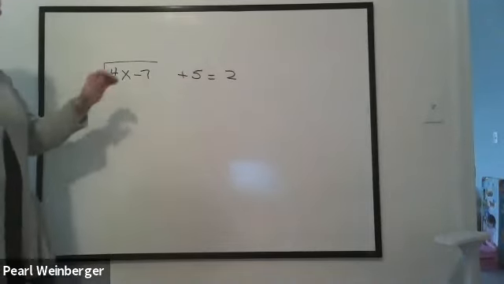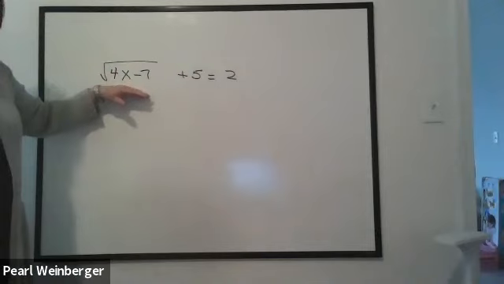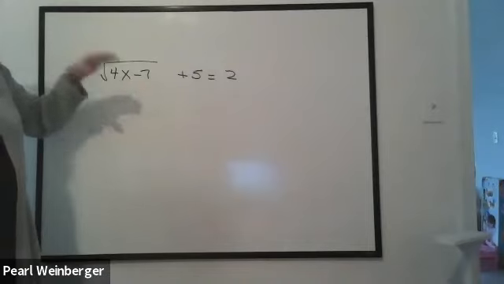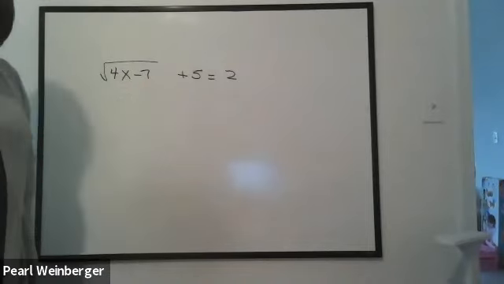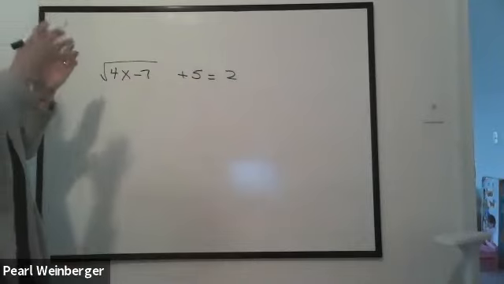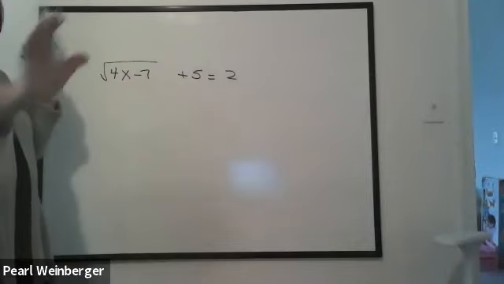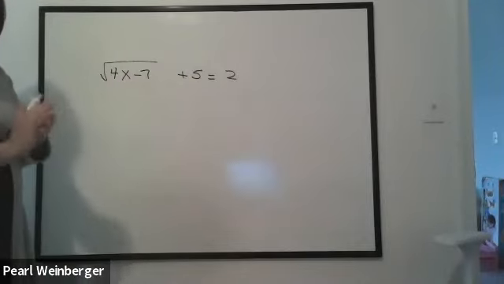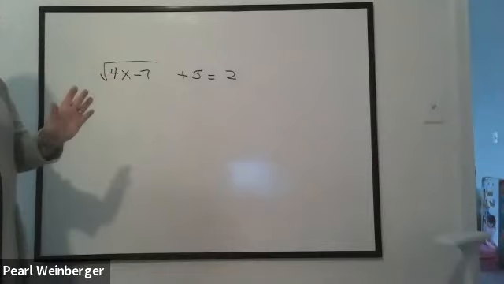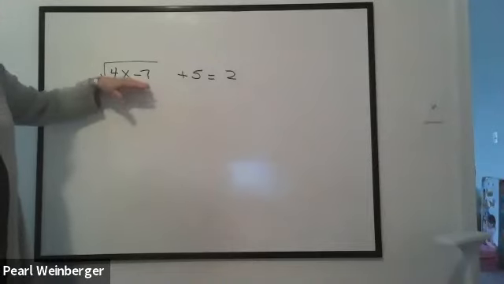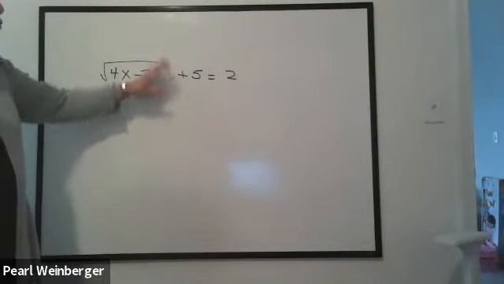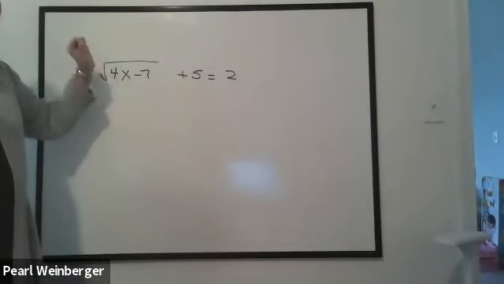But before I actually do this multiplying by itself, I want to make sure that the radical is all by itself. It's similar to when we solved our absolute value equations. We made sure that there was nothing outside the absolute value before we started breaking it up into two equations. When you have a radical equation, the first thing is to make sure the radical is isolated.